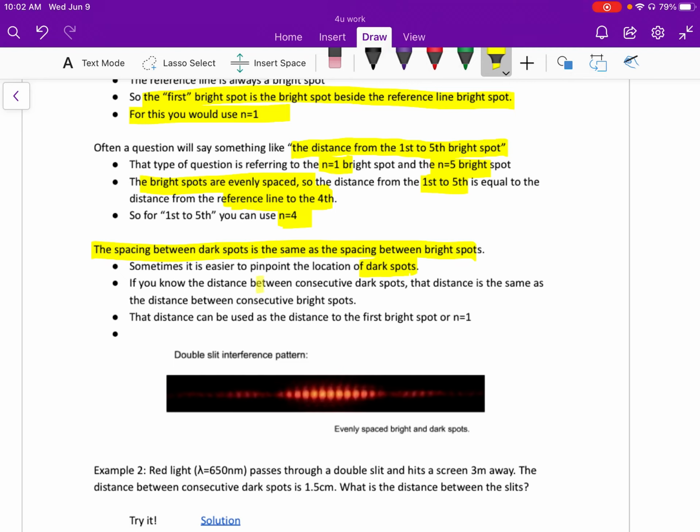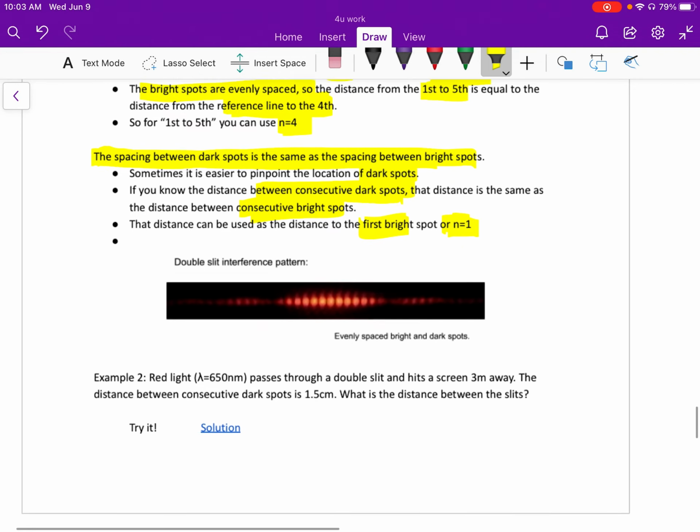So if a question said consecutive dark spots are 2 centimeters apart, that means consecutive bright spots are also 2 centimeters apart. And if bright spots are 2 centimeters apart, that means the first bright spot, which is n equals 1, is 2 centimeters from the reference line. So you could use n equals 1 and the constructive equation, even if a question talks about consecutive dark spots.